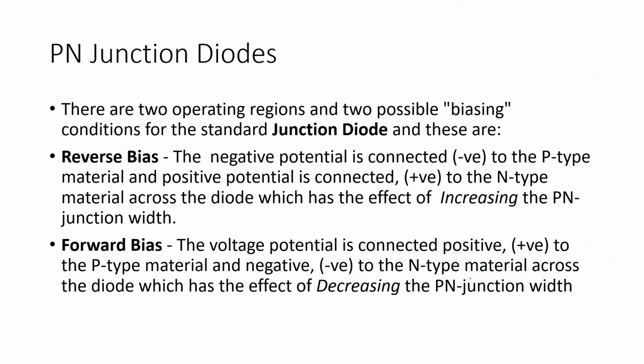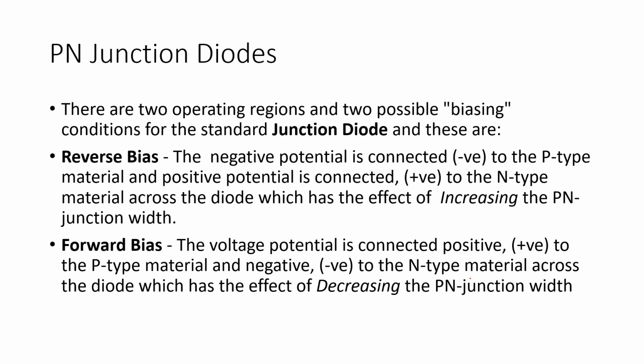Now, when it comes down to a PN junction diode, there are two main operating regions, which we sometimes call biasing. Biasing is just talking about how the power source is connected to the diode.